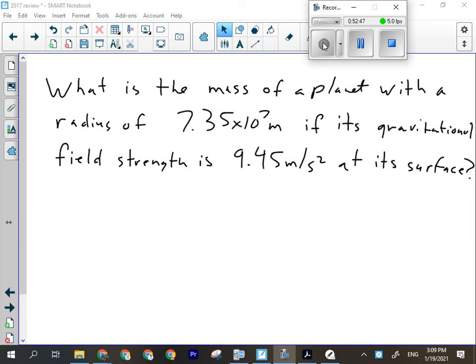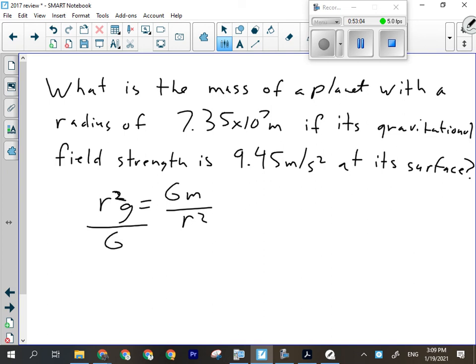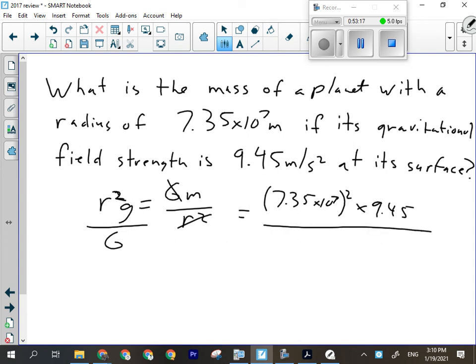All right, so looking for the mass of the planet here, we know that little g equals big G times the mass of the planet over r squared. So we have r, we have little g, and obviously we have big G. So we're going to multiply both sides by r squared and then divide both sides by big G. That'll give us m. So we'll have 7.35 times 10 to the 7 squared times 9.45 divided by 6.67 times 10 to the minus 11. And that's going to give us a nice big number.